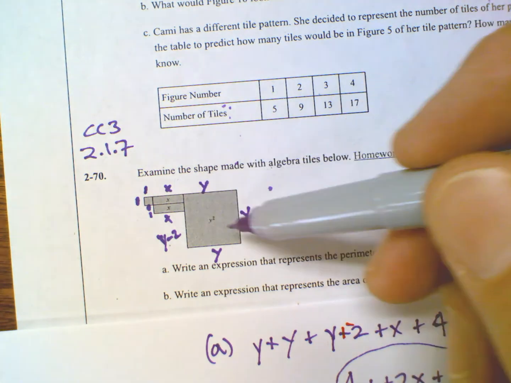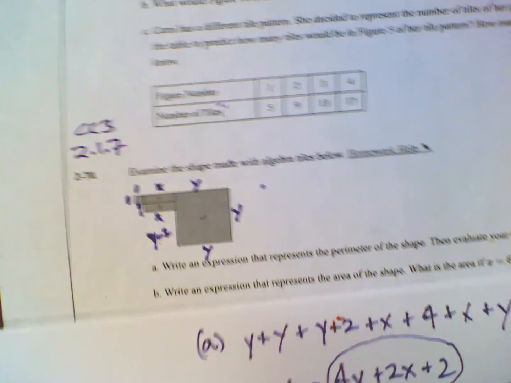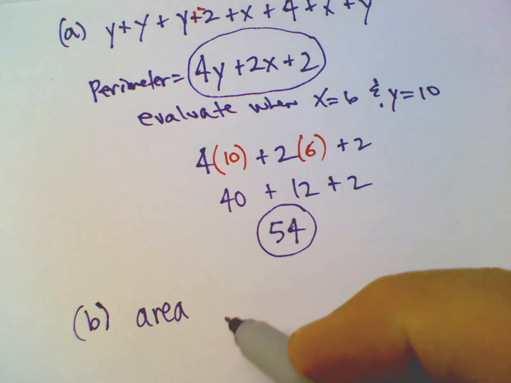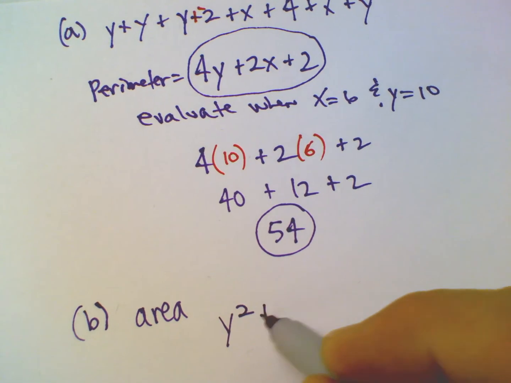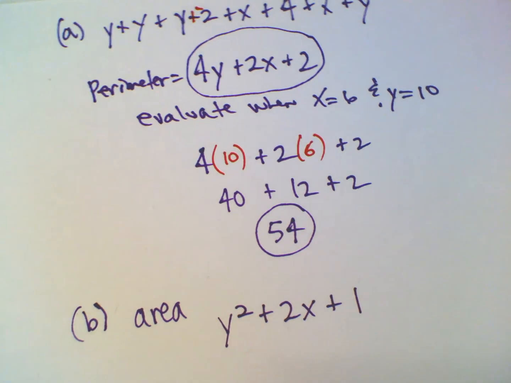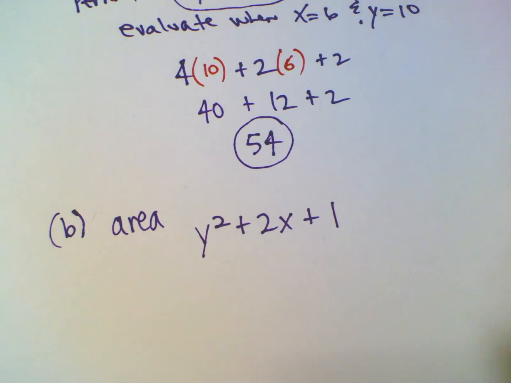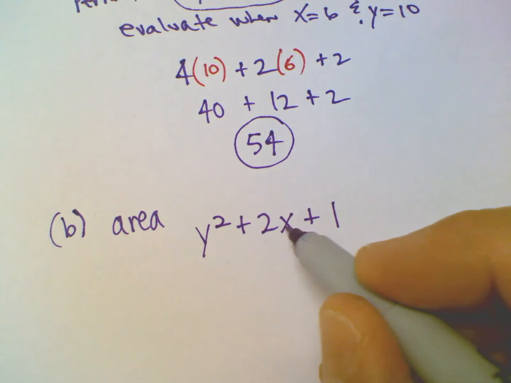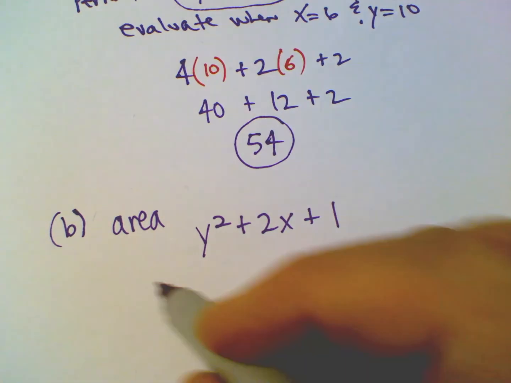So really, we're just adding up the tiles, combining whatever like tiles there are. So what I see is I have a y squared, I have 2 x's, and I have just a single unit, 1. So that's my area for this problem. And that's as simplified as possible. I added the 2 x's. There's no other combining like terms.